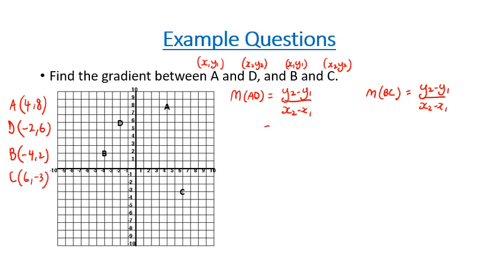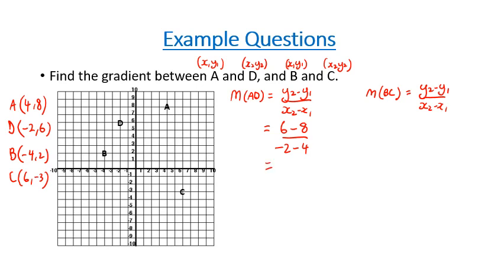So we can now put our points in. So y2, which is our y value of our D coordinate, is 6. Take away the y value of our A coordinate, which is 8, all over x2, which is the x coordinate of our D point, take away the x coordinate of our A point.